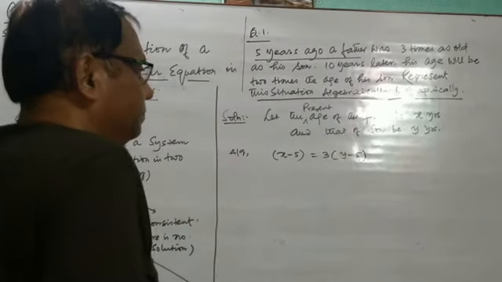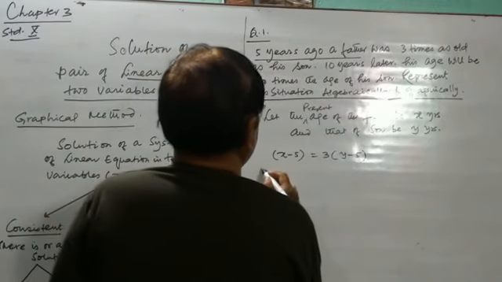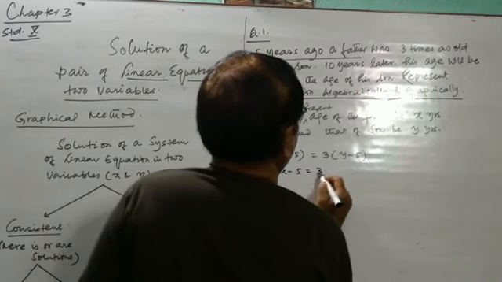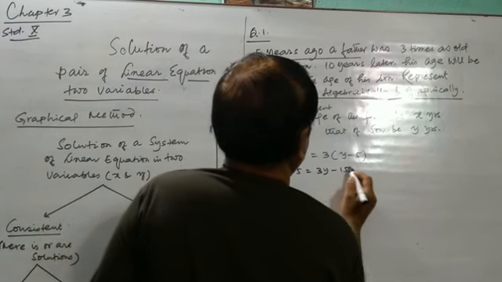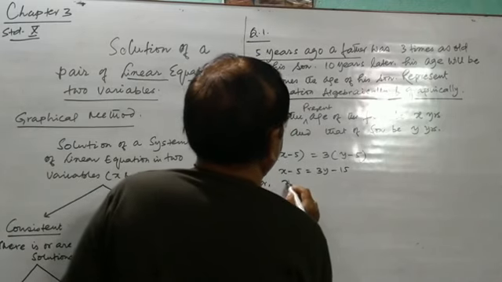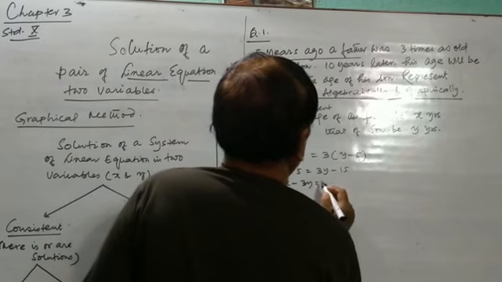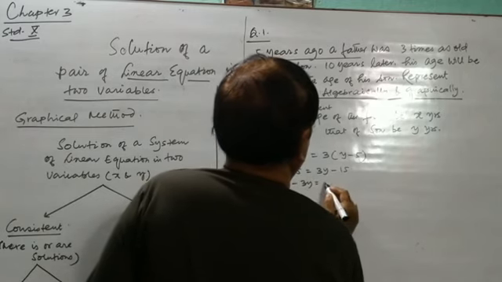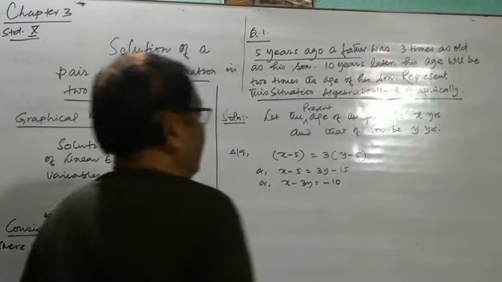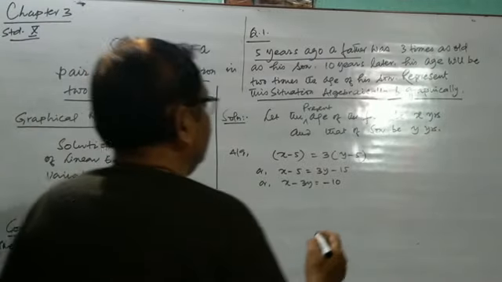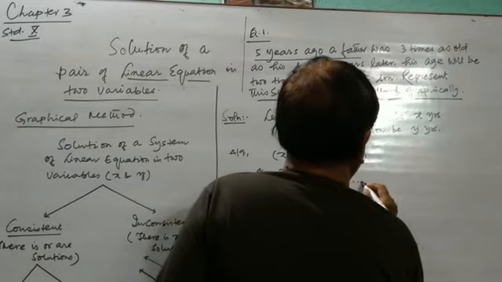Now just simplify it. X minus 5 is equal to 3y minus 15, or X minus 3y is equal to minus 10. This is your equation number 1.